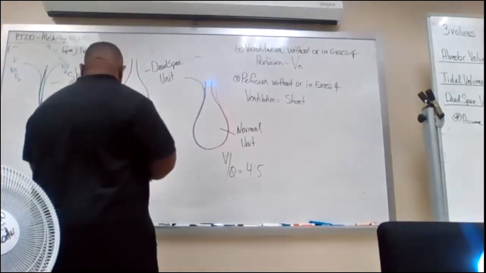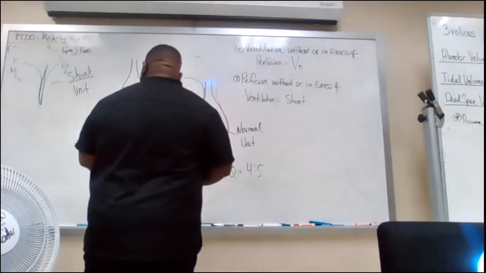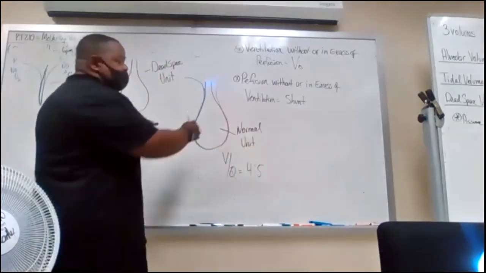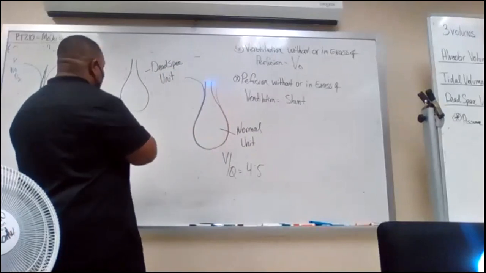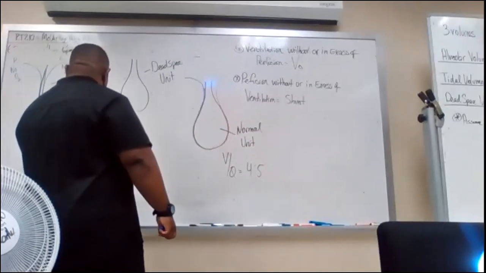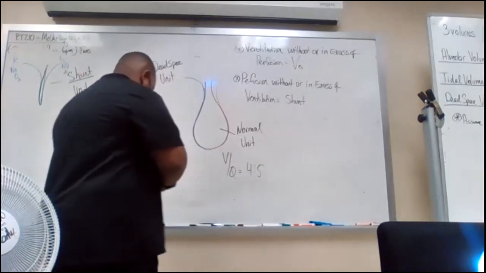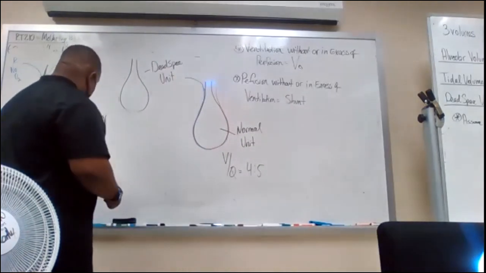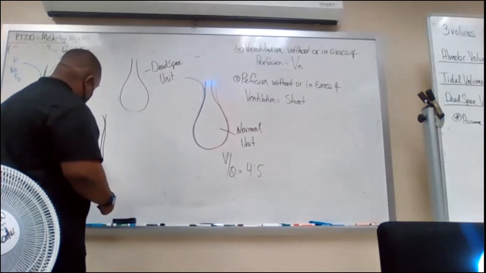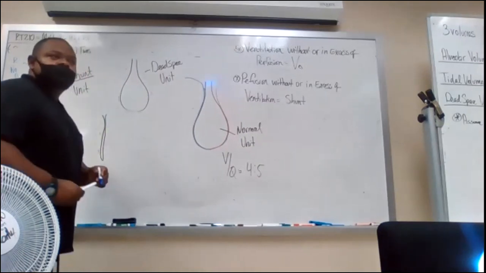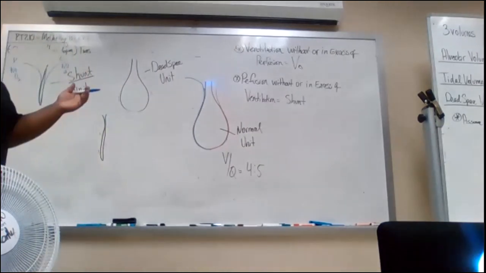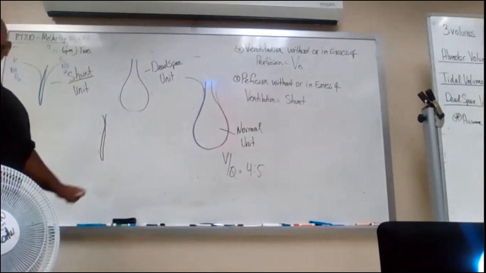What is this one? The last one, which we're going to talk about tomorrow, but I'm going ahead and showing you. But this is the last unit here. So we have 0 and 0, right? No ventilation, no perfusion.